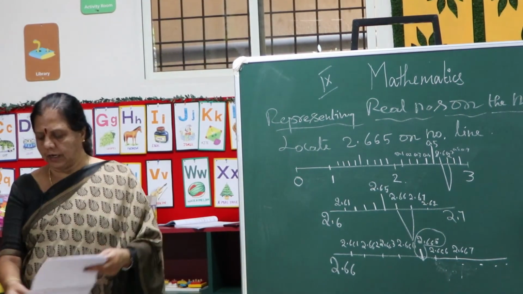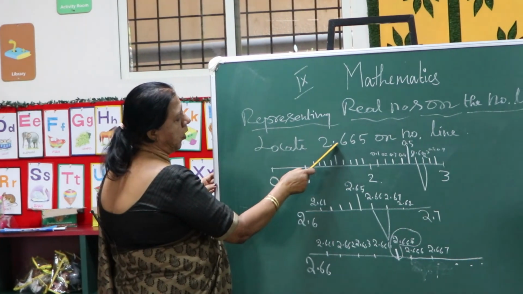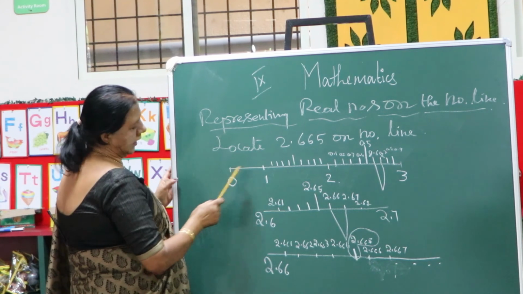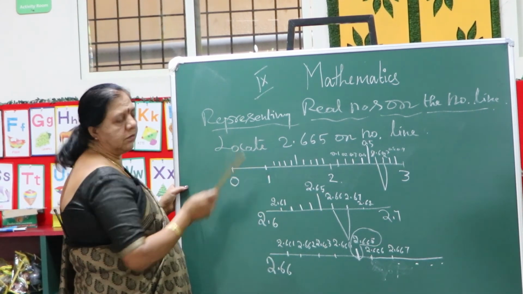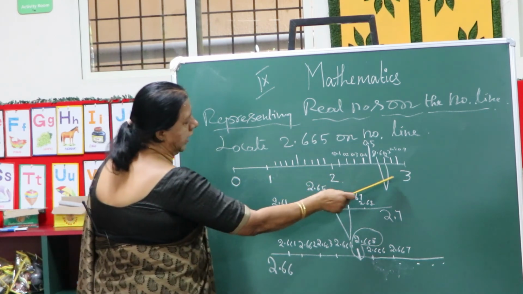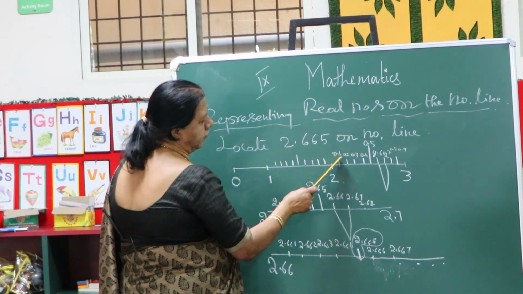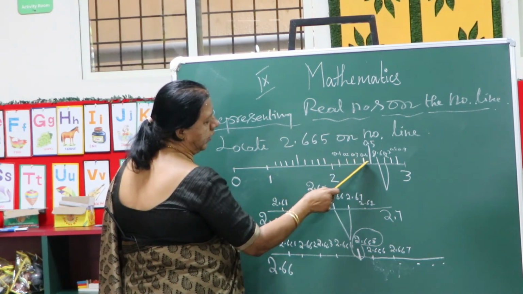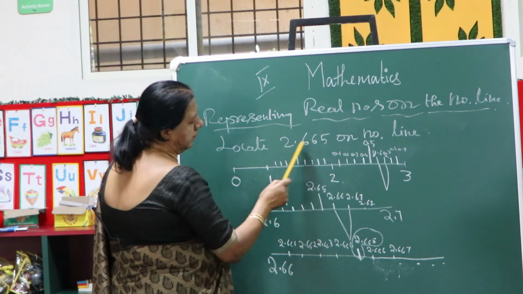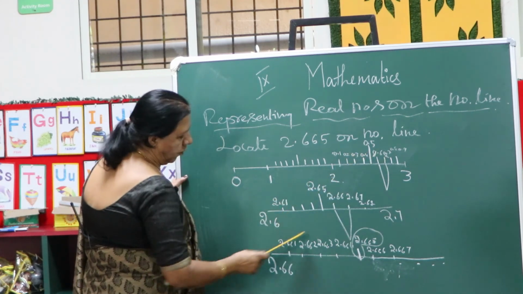Have you followed, children? Once again, shall I explain? Locate 2.665 on number line. See, number line is positive way we have taken because this is a positive number. So here 0, 1, 2, 3 I have taken. 2 we want. Here I have gone 2.1, 2.2, 2.3, 2.4, 2.5, 2.6, 2.7. So here in between once again I have taken a number line 2.6 and 2.7.